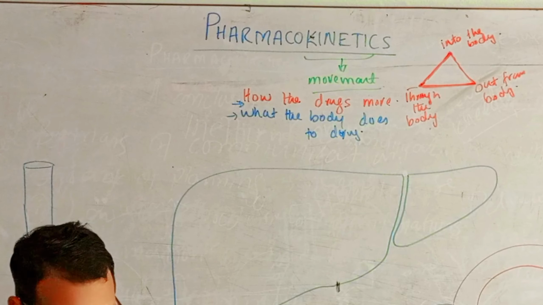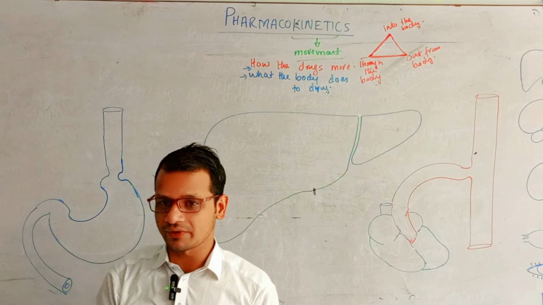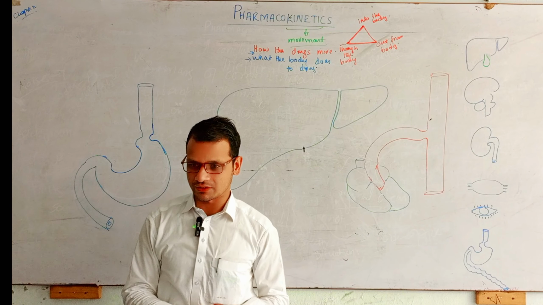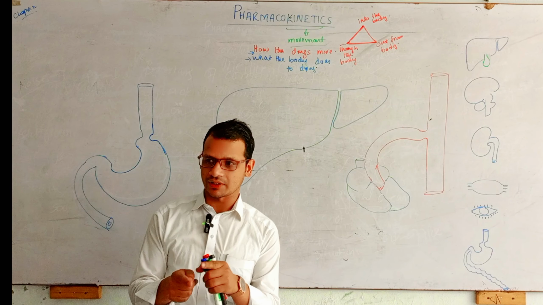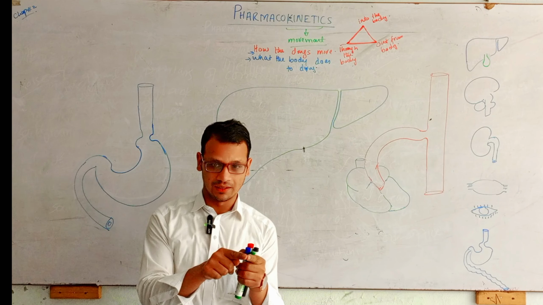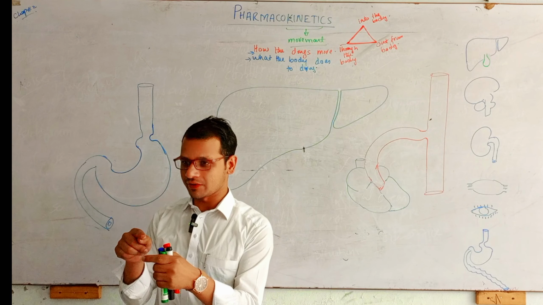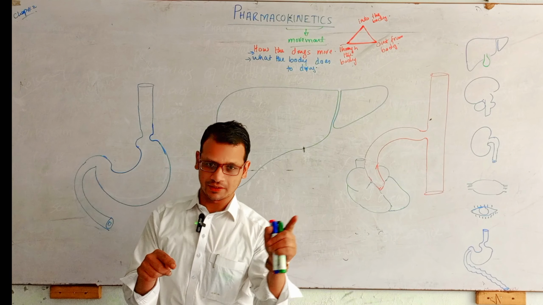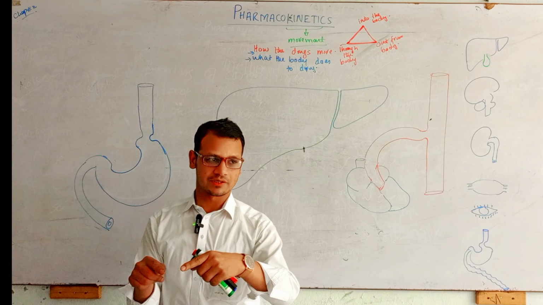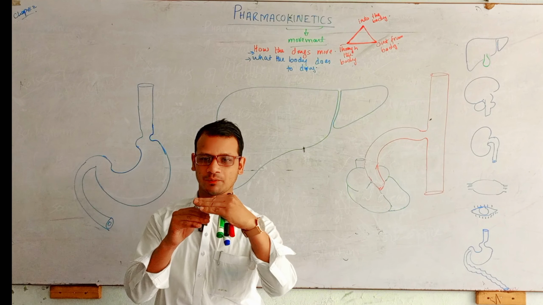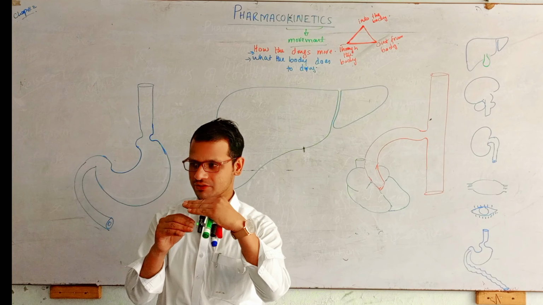And the concentration of drug at the site of action. For example, if a drug acts on muscle cell, the concentration of that drug in muscle cell relates the pharmacokinetics and pharmacodynamics. This is the same point between the pharmacokinetics and dynamics.